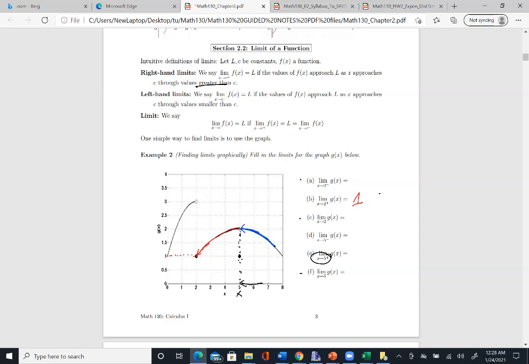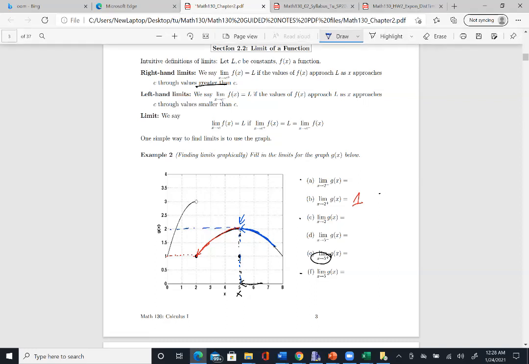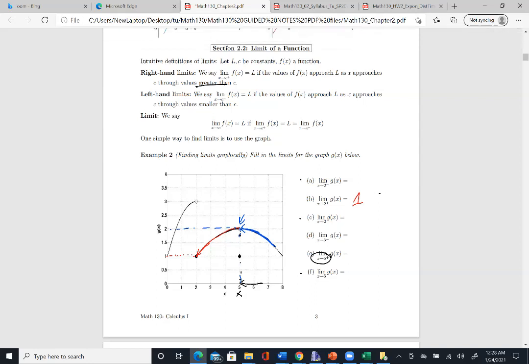So I know that it will go to this value. Even though when x equals 5, f(x) will be here, where it's 1, we are talking about the right-hand limit. We're not talking about the value of y.